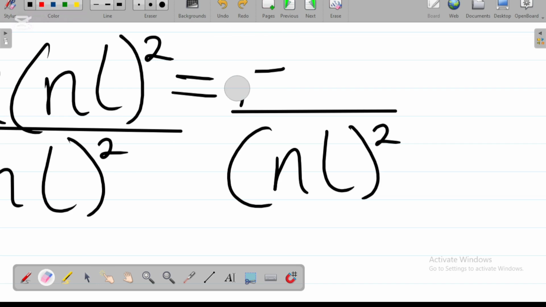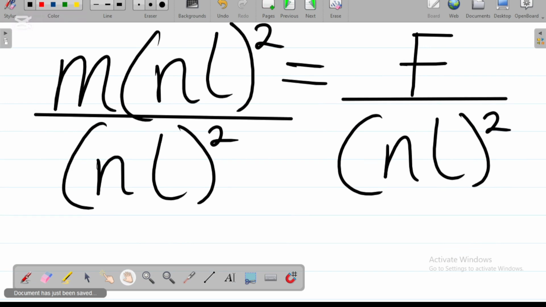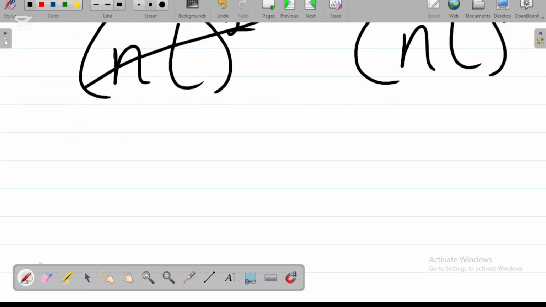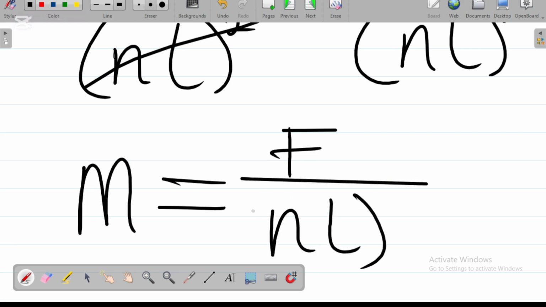Let me erase this and move it to the center. So we have F. So this cancels off this. Therefore, M is equal to F divided by NL all raised to power what? 2.